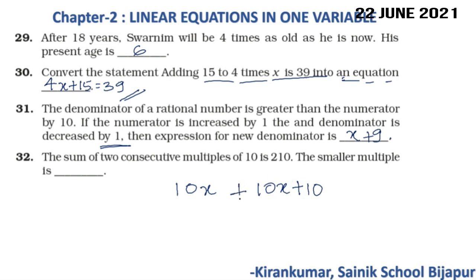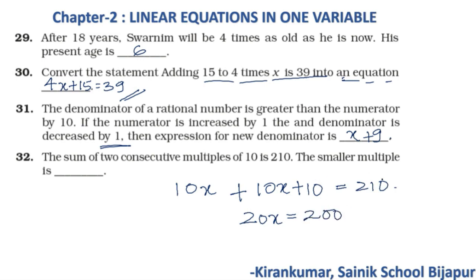According to the question, the sum of these two consecutive multiples is 210. Now this is the equation to be simplified. 20x will become equal to 200 because 10 is transposed to the right hand side. So the value of x will become equal to 10.